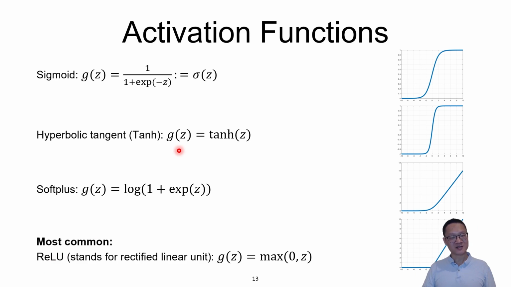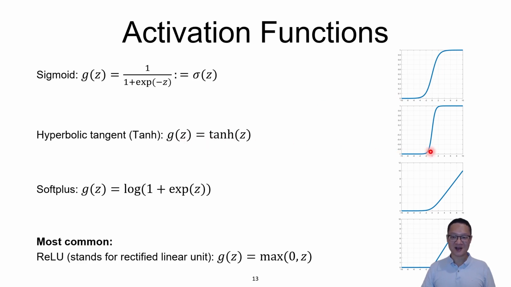Okay, so some common choices of G, the activation functions. Sigmoid: this is what a sigmoid looks like. If you input any value from negative infinity to infinity, all of those values get squashed down to a value between 0 and 1. Another common choice is hyperbolic tangent.